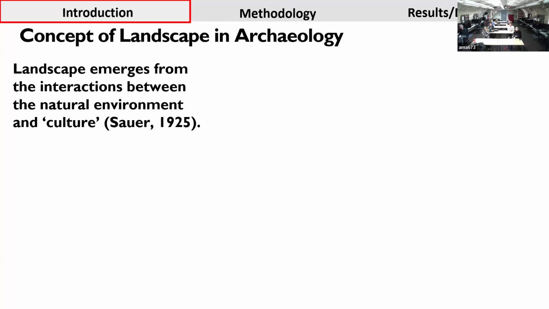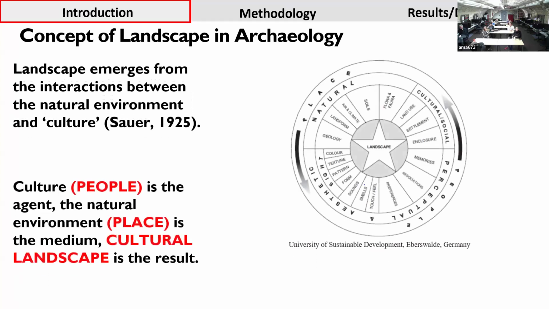So a cultural landscape, the culture of a people, when it interacts with the natural environment, which is place, then a cultural landscape emerges. We can see in this picture to the right the different aspects of landscape in terms of place and people. Within the context of my presentation today, it is about how humans who occupied the southwestern Iberian Peninsula interacted with the natural environments and created a cultural landscape, which I studied and which is still there up to now.